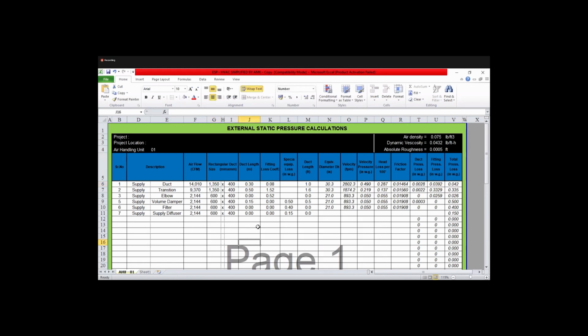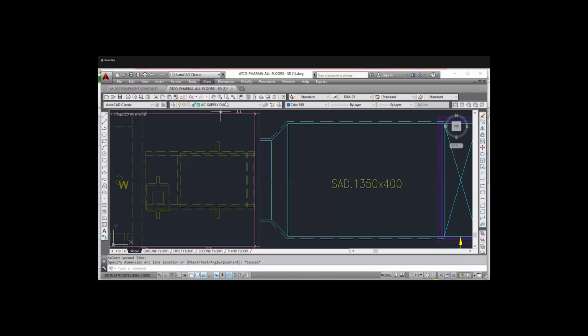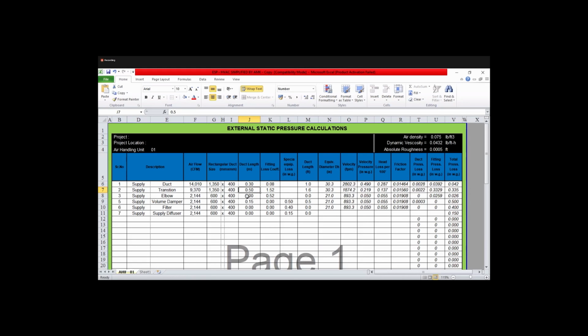Okay. So the duct length also we have to mention. So what is the length of this fitting? We can take this length here from this AutoCAD. 200. How much is 200 if we convert into meter? 0.02.